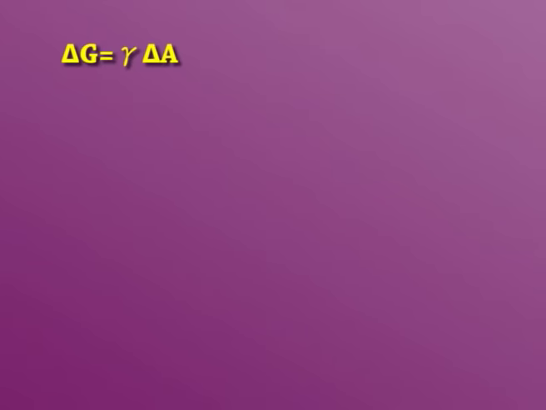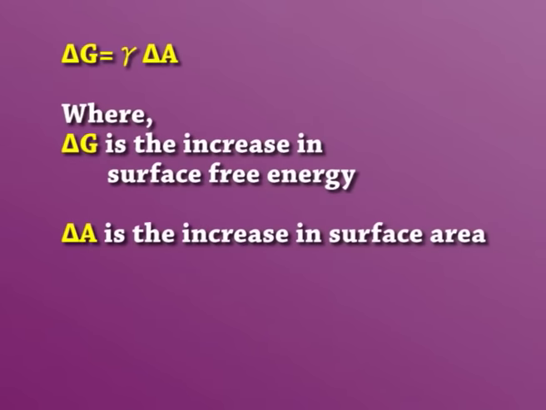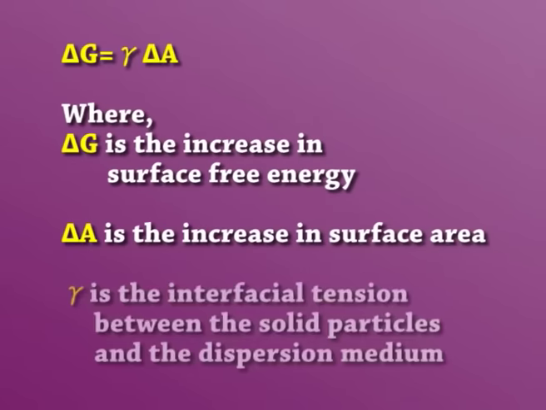Surface free energy is the most important interfacial property. A large surface area offered by the finely divided solid material is typically associated with a large amount of free energy on the surface. The relation between the surface free energy and the surface area can be expressed by the equation delta G equals gamma times delta A, where delta G is the increase in surface free energy, delta A is the increase in surface area, and gamma is the interfacial tension between the solid particles and the dispersion medium.